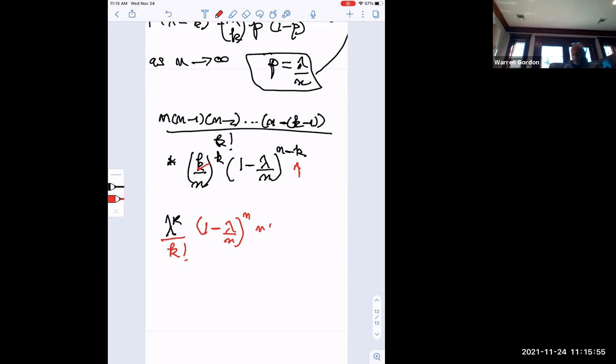I have n minus 1, all of these, down to n minus k plus 1, over all these k terms over n to the k. And there's a times 1 minus lambda over n to the minus k.